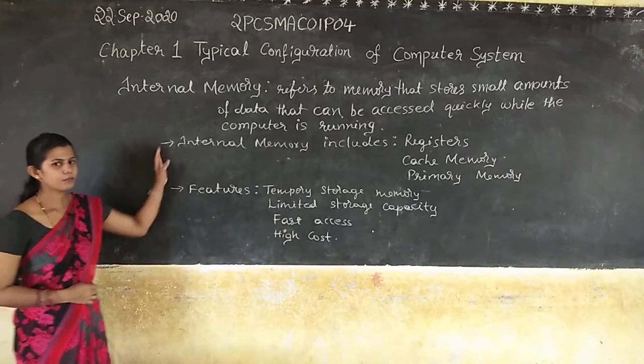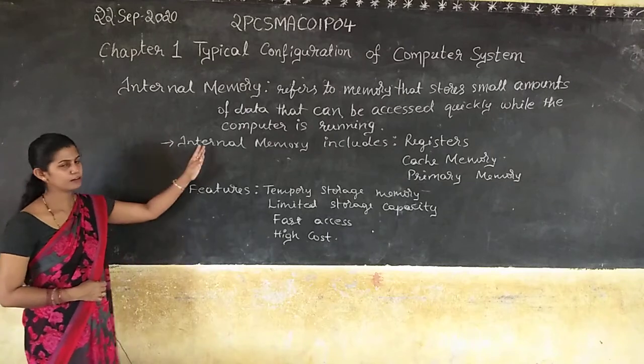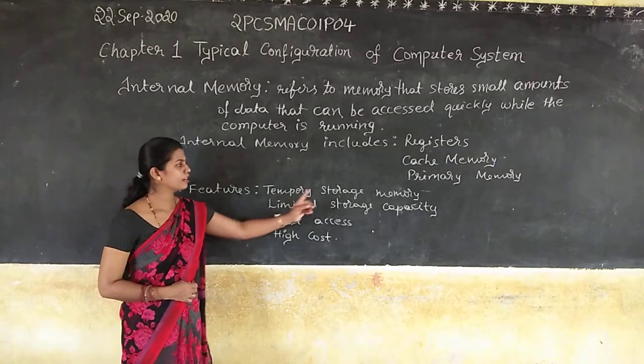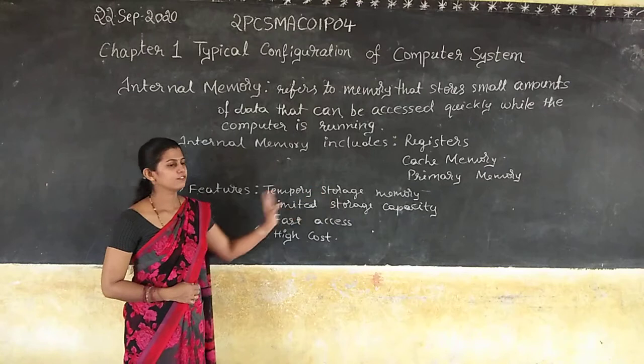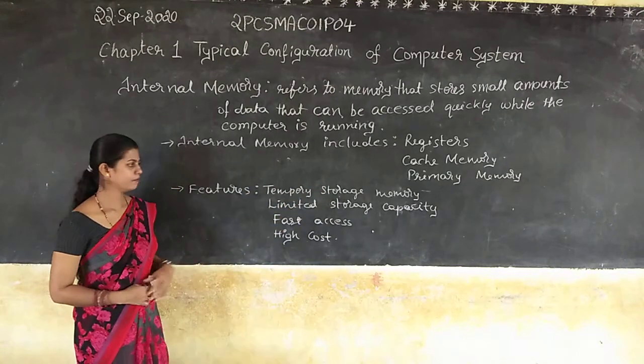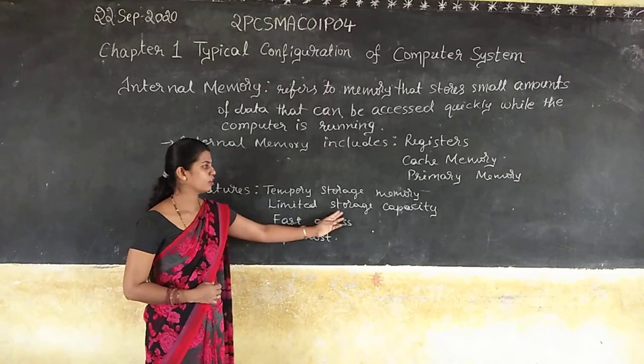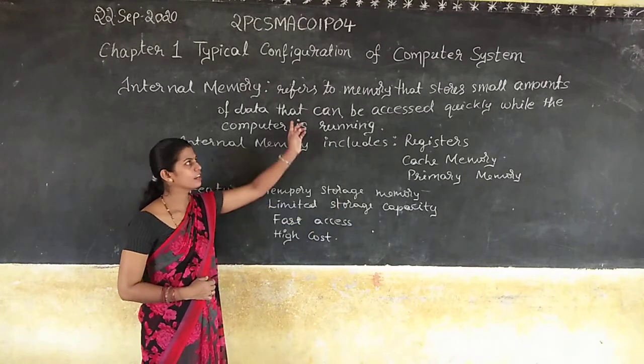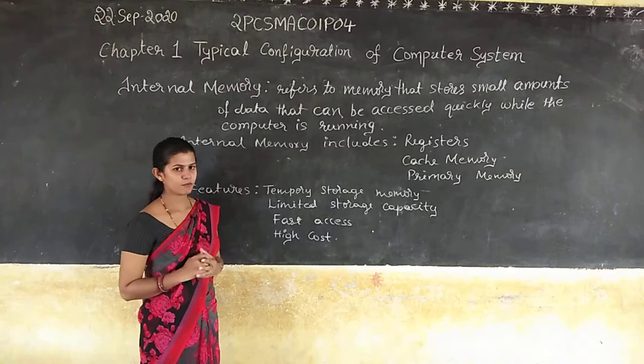Some of the features of the internal memory are: it is a temporary storage memory, so data will be stored temporarily. Limited storage capacity, as it stores only a small amount of data.